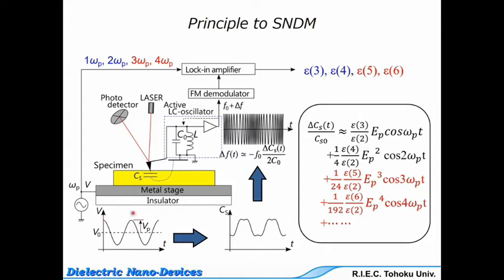By applying this sinusoidal voltage, the tip-sample capacitance is modulated. Then a frequency modulation signal comes from this SNDM probe, whose frequency deviation is proportional to the capacitance variation occurring under the tip. And using an FM demodulator and lock-in amplifier, we can detect this frequency deviation. By setting the reference signal of the lock-in amplifier at the fundamental frequency omega p, we can detect epsilon3 only.